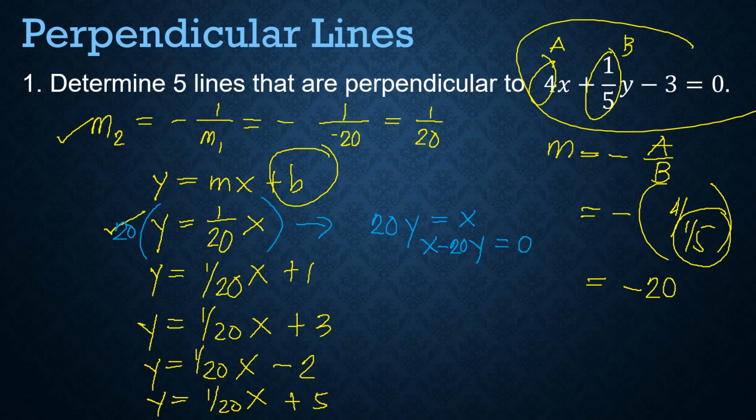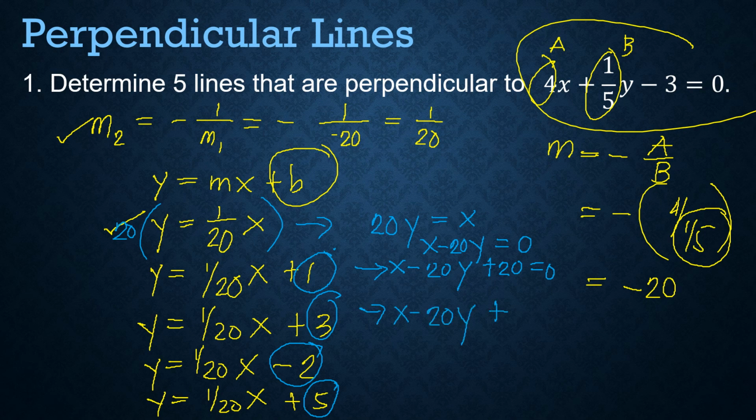So meaning to say, we are just following x minus 20y. So we're just multiplying 20 to 1, to 3, to negative 2, to 5. And this will now give us x minus 20y plus 20 is equal to 0. X minus 20y, 20 times 3 is 60, so plus 60 equals 0.